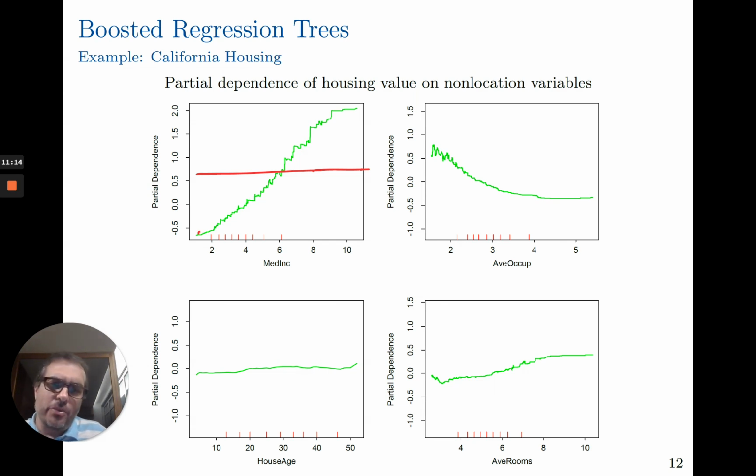We can say that average rooms is almost linear, but median income is increasing. The effect becomes higher and higher as the median income gets higher. And here's the effect of average occupancy. It has a larger effect in the beginning, but in the end, it has a smaller effect. So this is a univariate PDP.